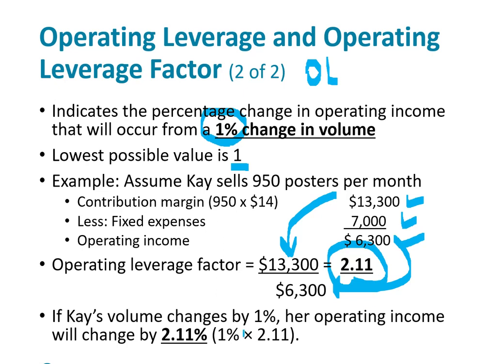So for every 1% change in the volume, we will have a 2.11% change in the operating income. I should say if we had a 10% change in the sales volume, we would have a 21.1% change in the operating income.